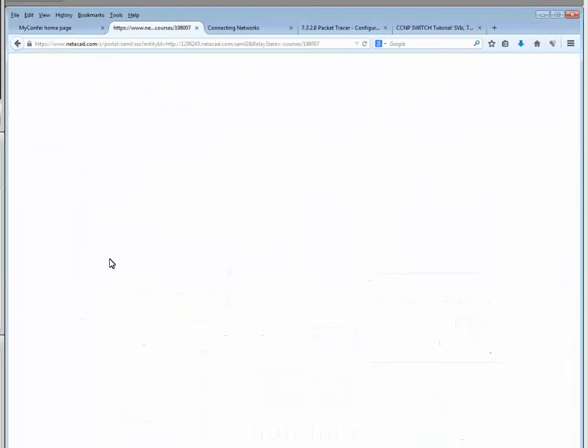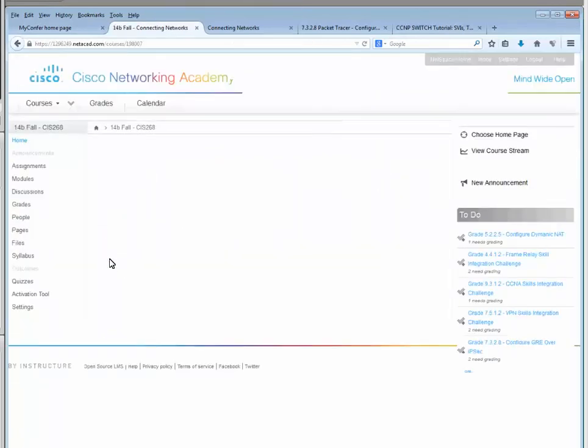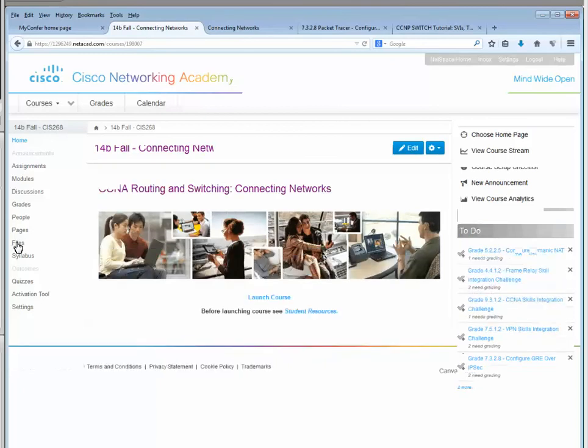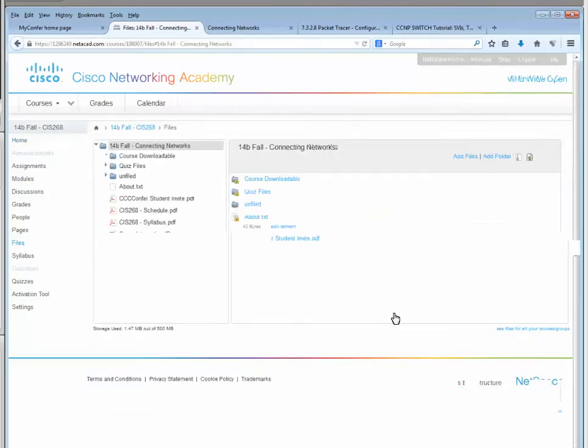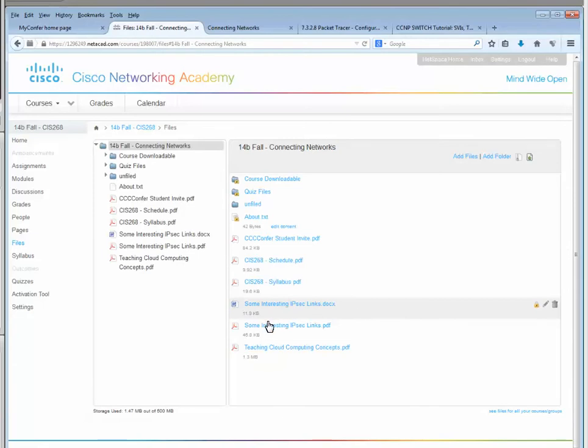I'm going to post on the site under the Files section. Under the Files section, there will be a document called Some Interesting IPsec Links.